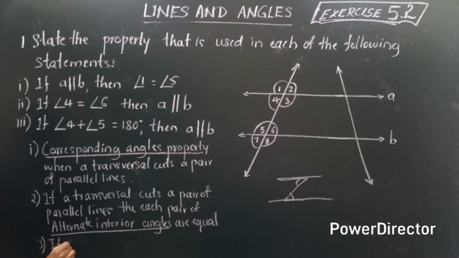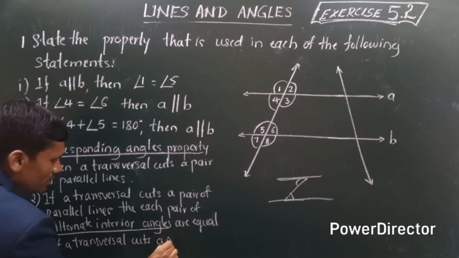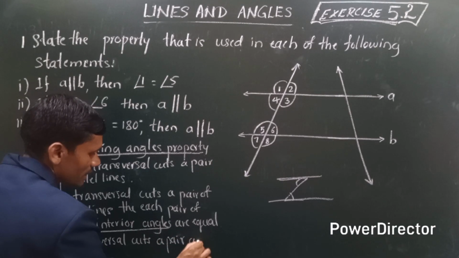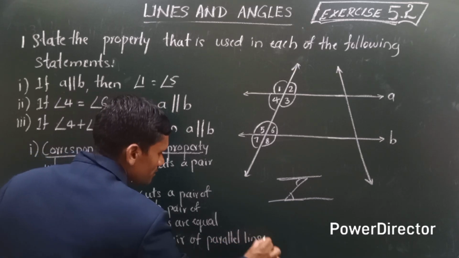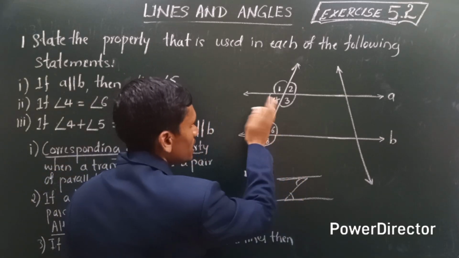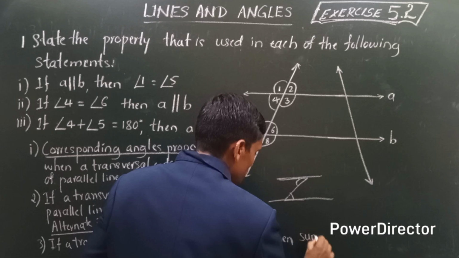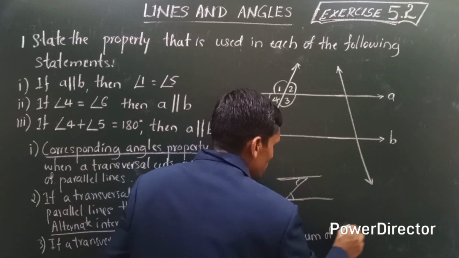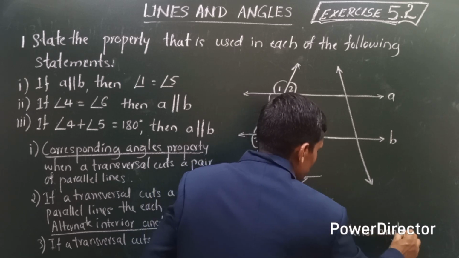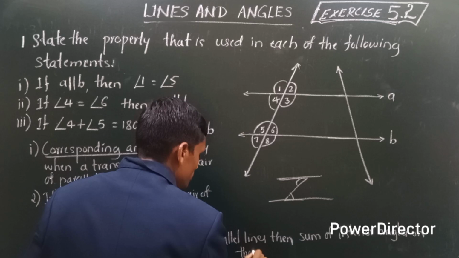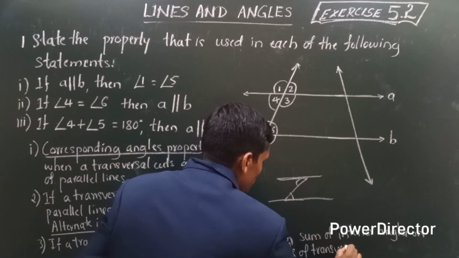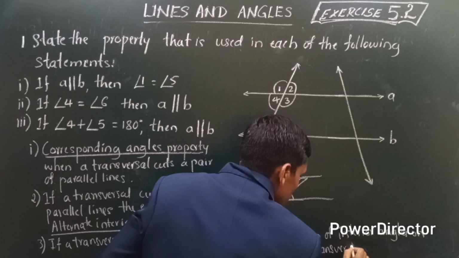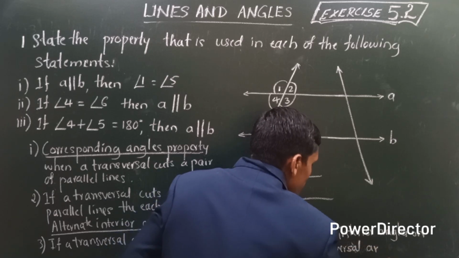If a transversal cuts a pair of parallel lines, then the sum of interior angles on the same side of a transversal are supplementary.